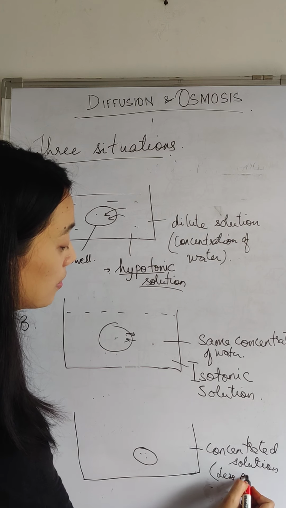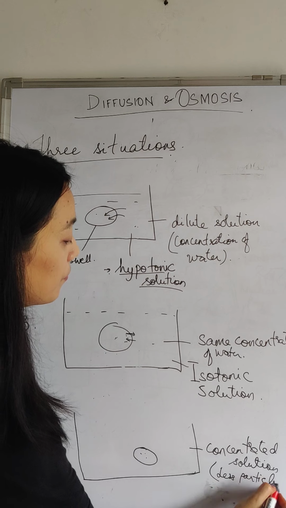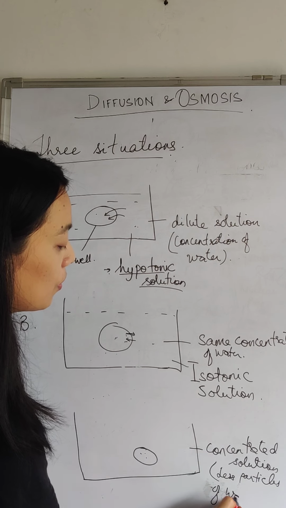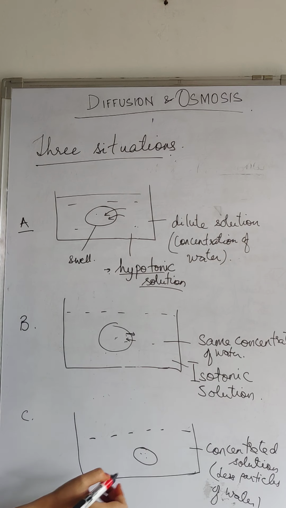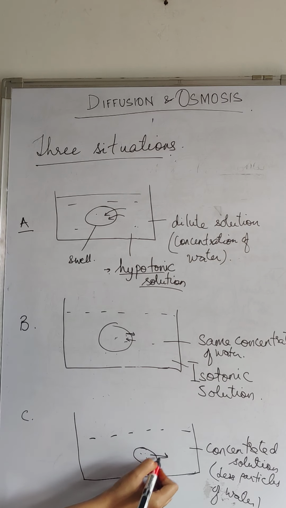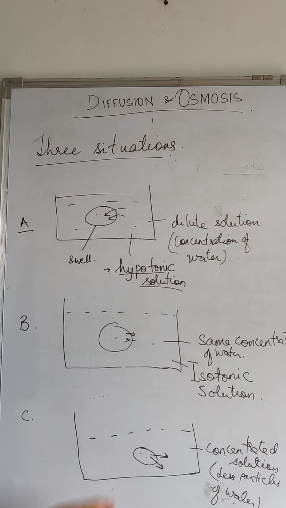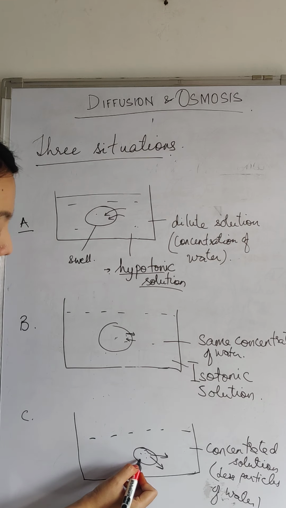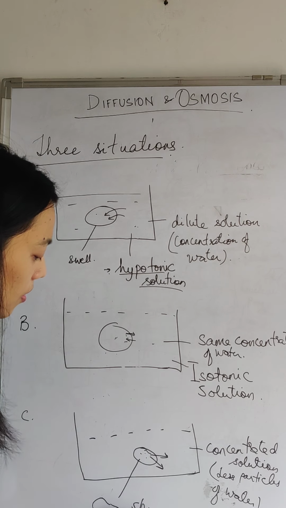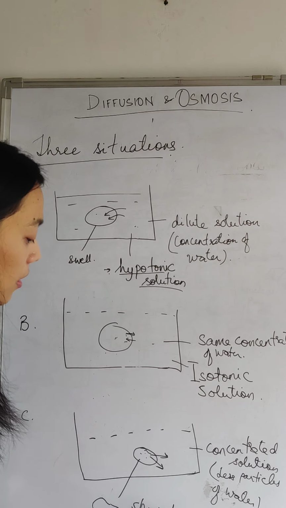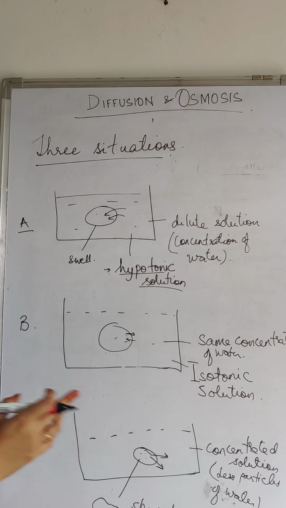Less amount or fewer particles of water, let's say. So how will the movement of water take place? It will move from inside to outside, right? And apparently, what will happen to the cell? The cell will shrink, okay? And how it is going to shrink in animal and plant cells, we are going to discuss later.